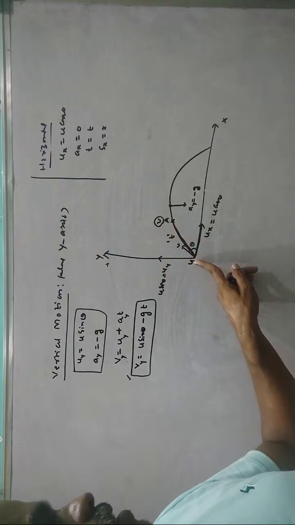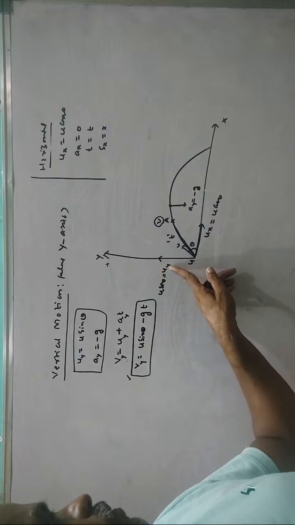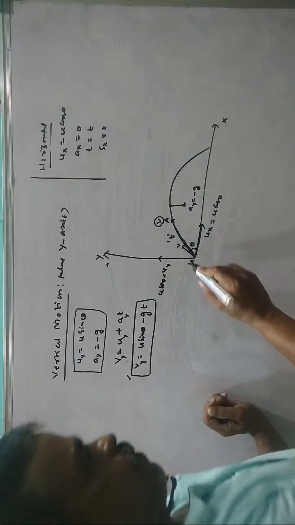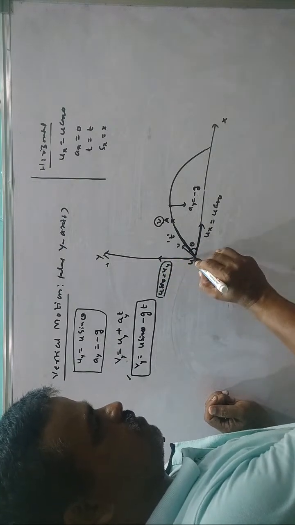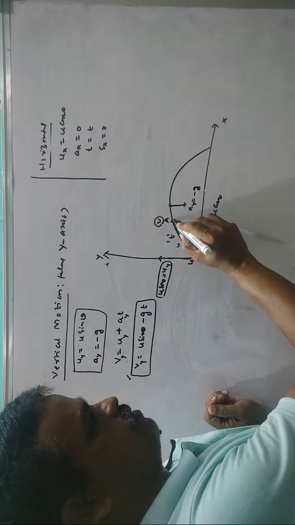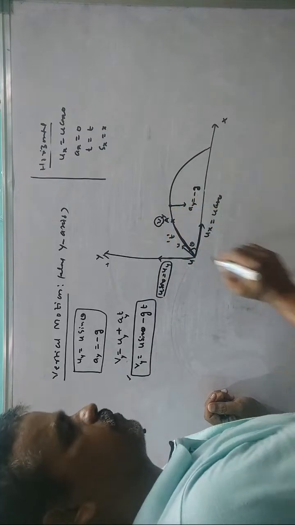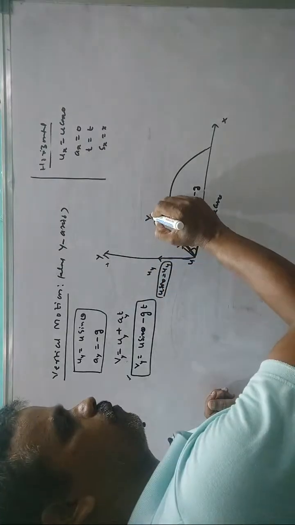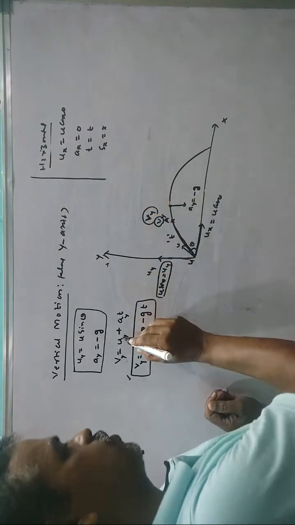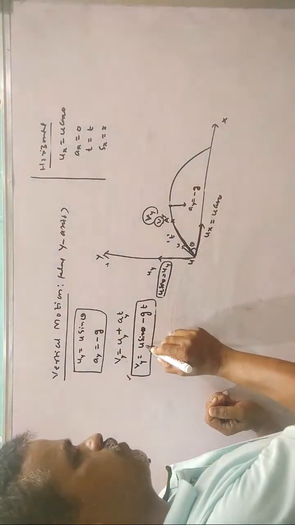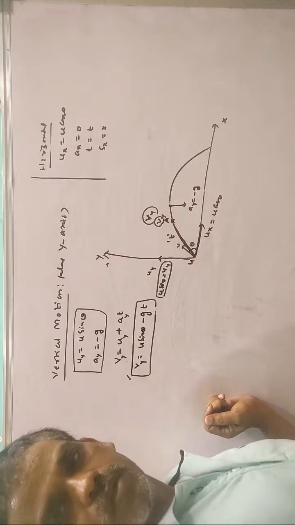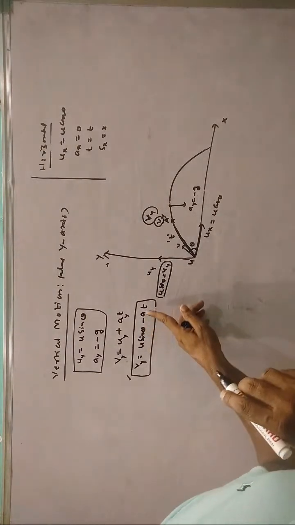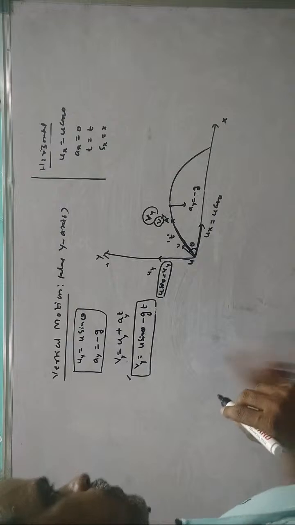It started with initial velocity uy equal to u sin theta. After time t, the velocity is vy. We want to calculate vy. Vy equal to uy plus ay t. Uy is nothing but u sin theta, ay equal to minus g, into t. U sin theta minus gt. So vy equal to u sin theta minus gt. You just copy it.